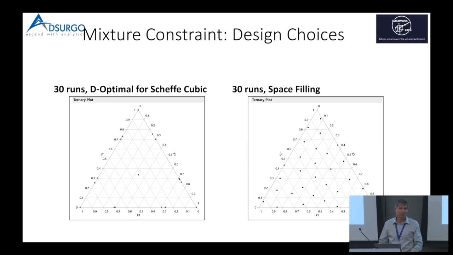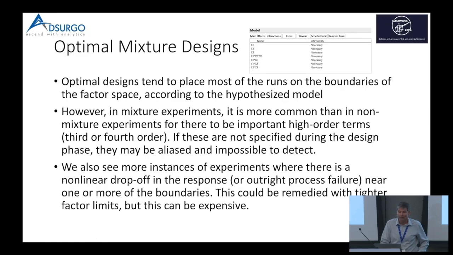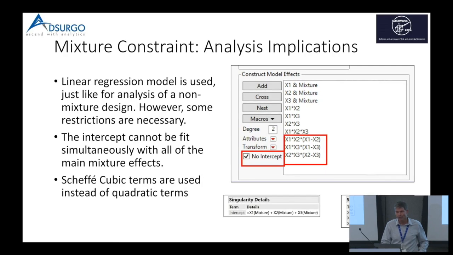So that's what the whole game is: we need to characterize what happens as I start adding more and more. And it turns out that these points on the interior in the space filling world are much more useful to us. So optimal designs usually are going to put things on the edges, but what we need to do is maybe work on the middle as well.